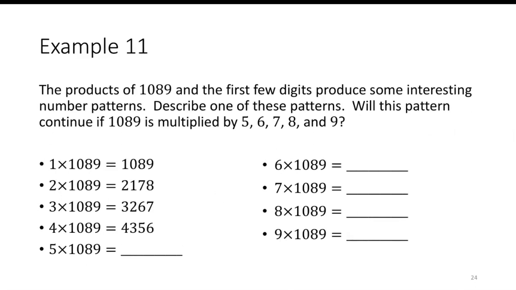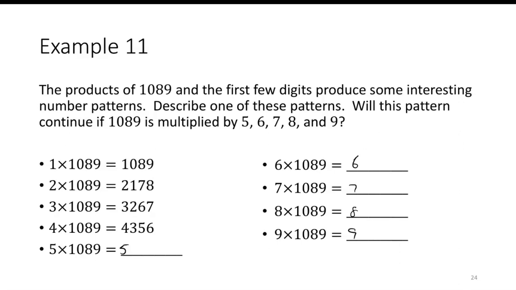And for this one, see if we can figure out a pattern. I know 1 times 1089 is 1089. 2 times 1089 is 2178. Then 3267, 4356. If you notice this pattern 1, 2, 3, 4, it looks like the digit on the left would be 5, 6, 7, 8, 9.